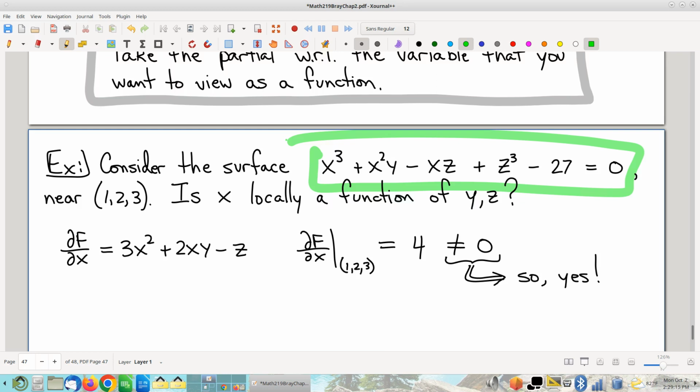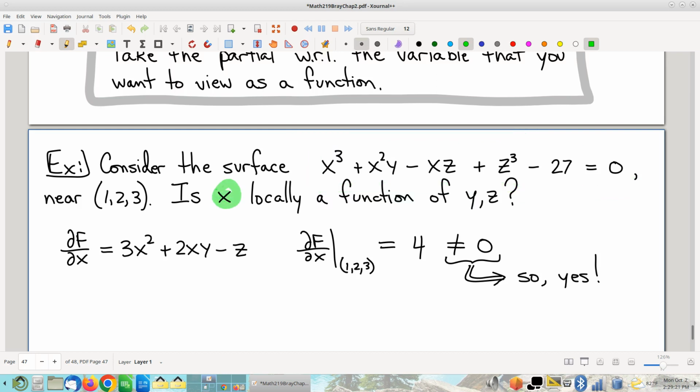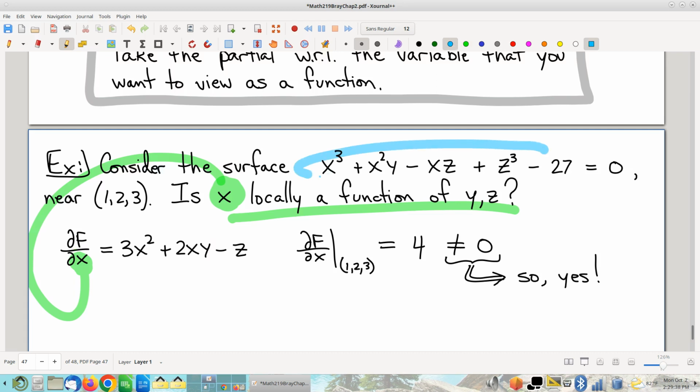Pretty ugly looking. But, again, following the rule, whichever variable you want to be a function, take the partial with respect to that variable. I want x to be a function. I take the partial with respect to x. What do we take a partial of? Well, we take the partial of the function whose level set we're looking at.